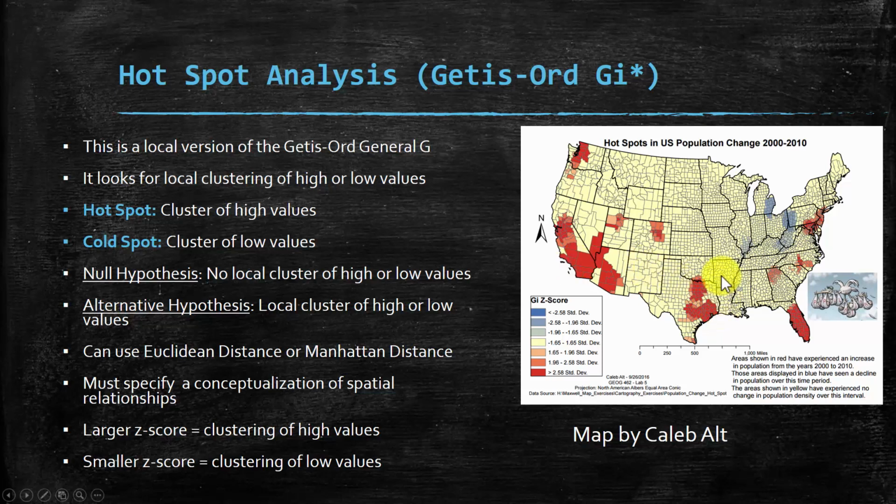And this should also make some sense if you know anything about trends in the U.S. We're seeing a lot of growth, say, in the I-95 corridor between Washington, Baltimore, Philadelphia up to New York, and some of the other very urbanized areas like Atlanta, the Denver area, Salt Lake City, the Northwest, and then Southern California, Eastern Texas. So again, we're looking for clusters of high values, clusters of low values.